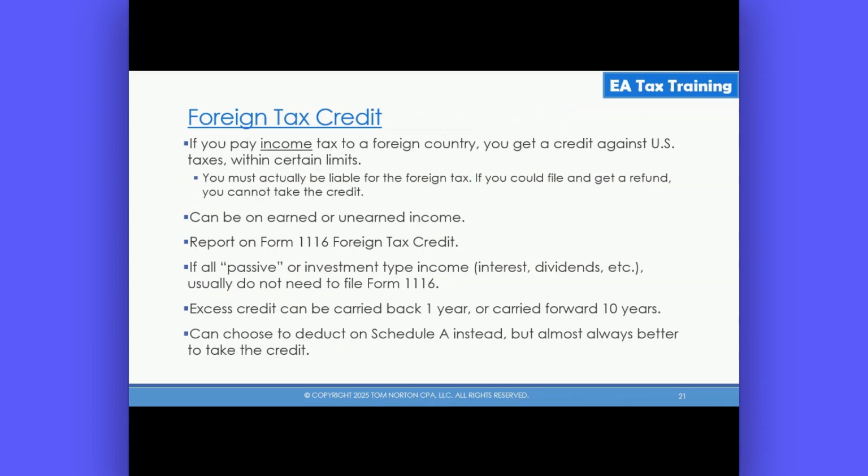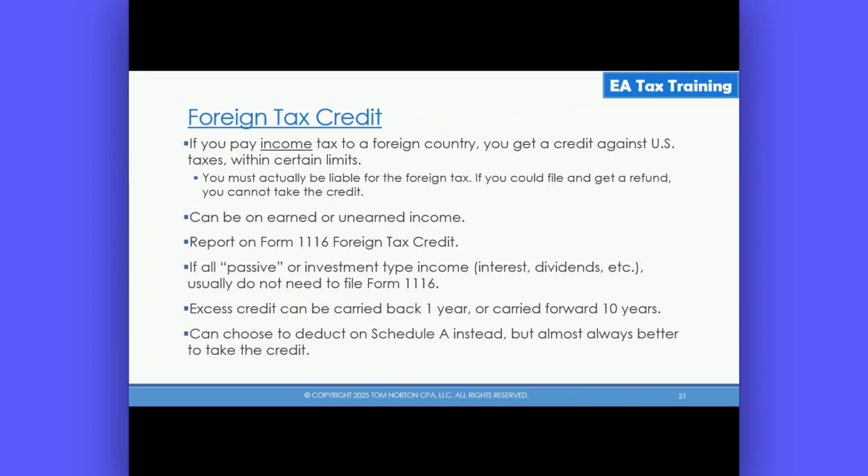If you pay income tax to a foreign country, then you get a credit against your US taxes within certain limits. Now, you must actually be liable for the foreign tax. If you could just file a form with that foreign country and get a refund of the amounts that you paid, then that doesn't count. It has to be a tax that you were actually liable for.